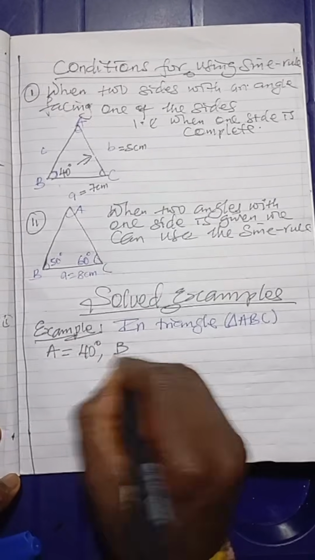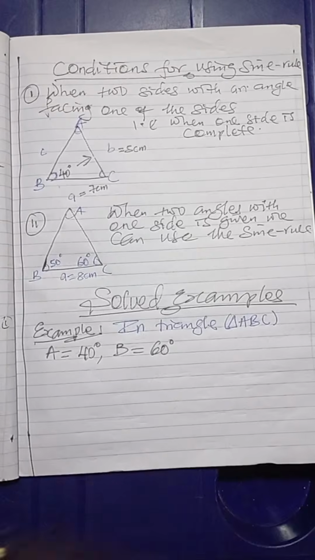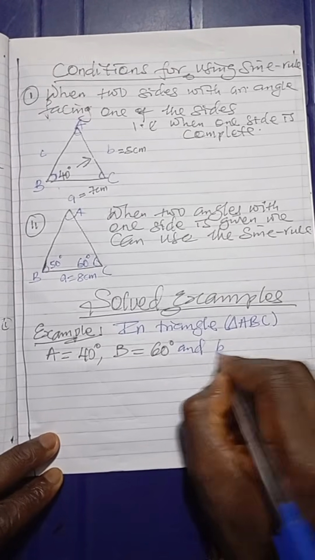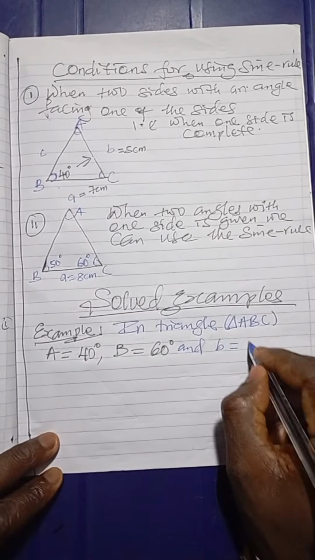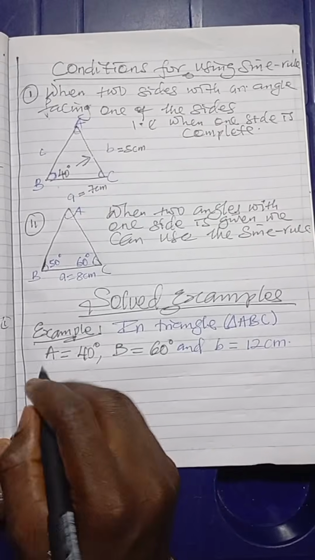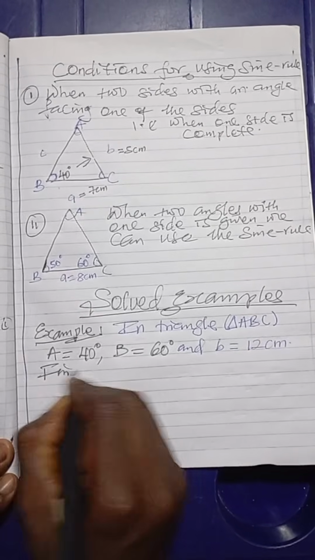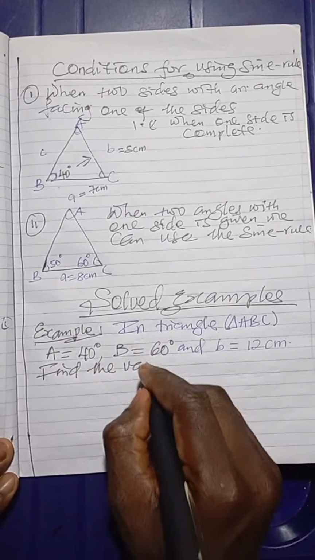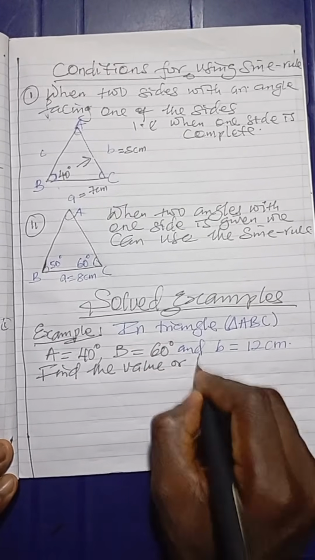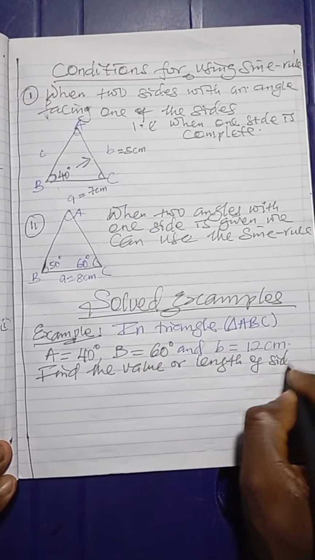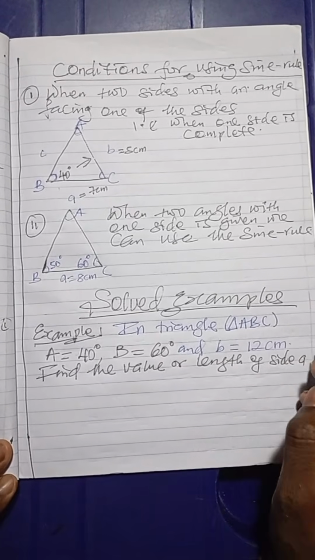Then let's say that B is 60 degrees, and small b is 12 cm. We are required to find the value or length of side a.